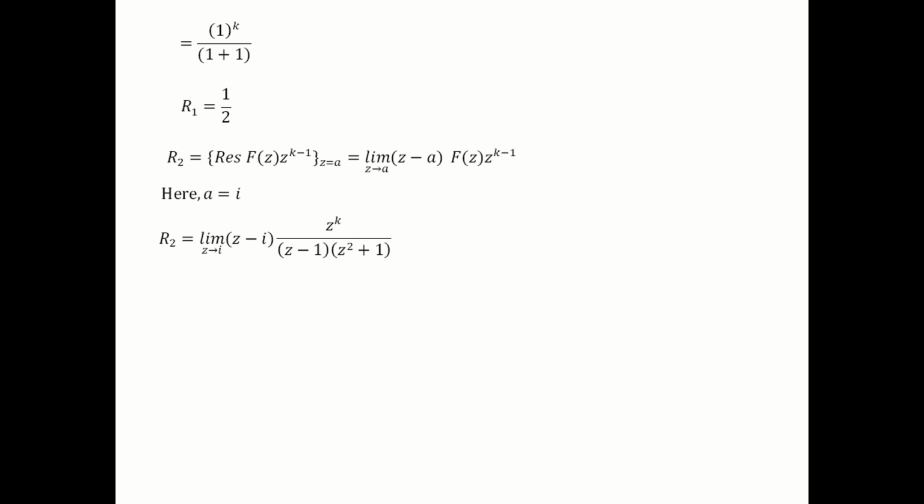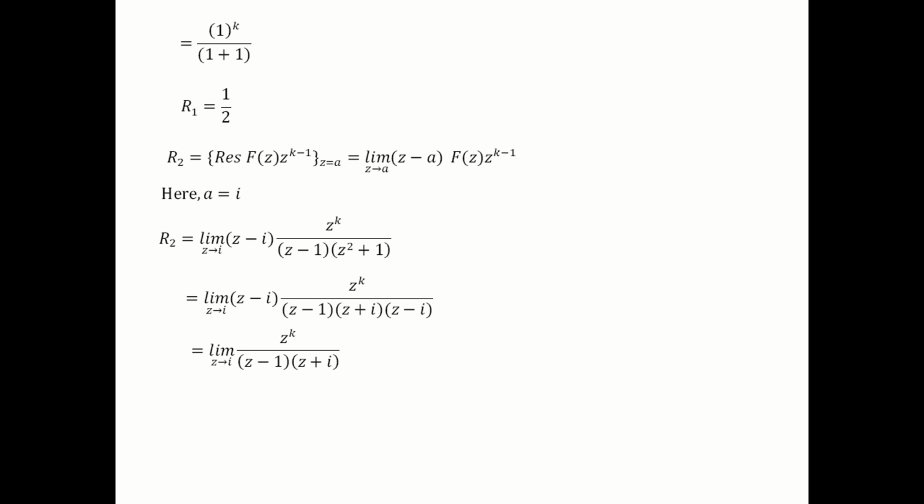So z square minus i square, or factorizing z square plus 1, as z plus i into z minus i. That's all, simple, right? So z minus i in the numerator and z minus i in the denominator get cancelled. So limit z tends to i of z power k by z minus 1 into z plus i.